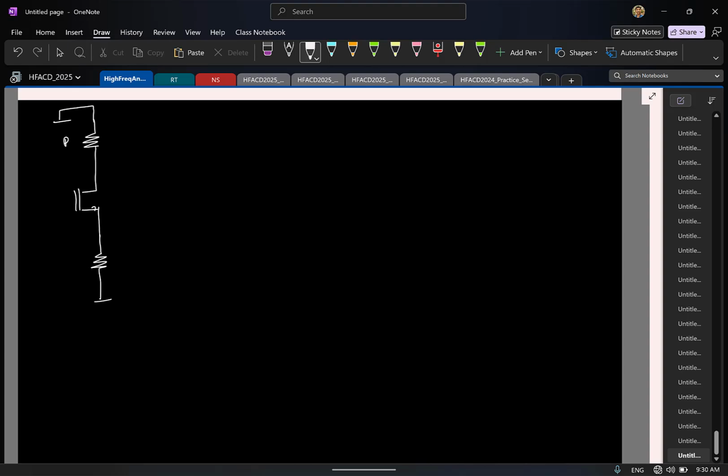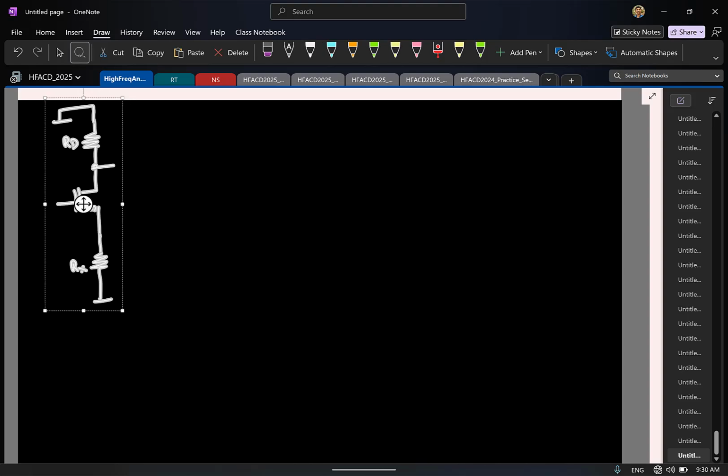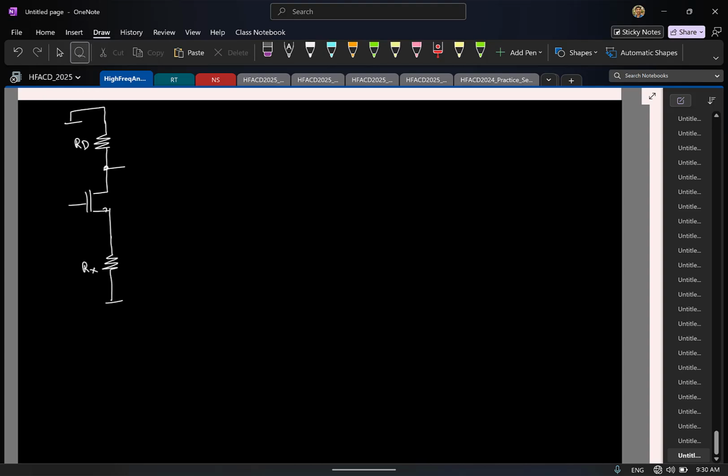I'll call this RD, I'll call this RX, and here is where I apply the input, and I tap the output from the drain. So if I were to draw it properly, I apply the input at the gate like this, with a source resistance Rs, right?